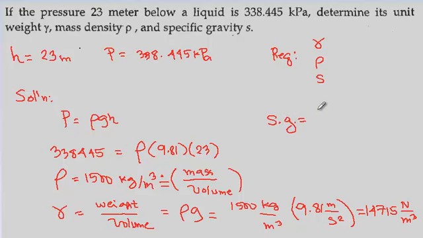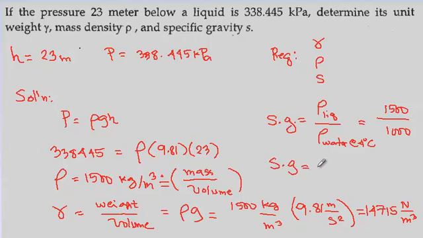So it's rho of the liquid over rho of standard water at 4 degrees Celsius. In our case, rho of the liquid is 1,500, and rho of water is 1,000. That gives us SG equal to 1.5.